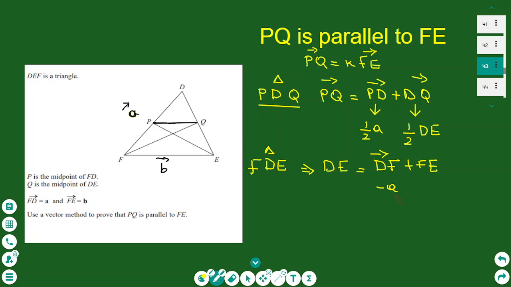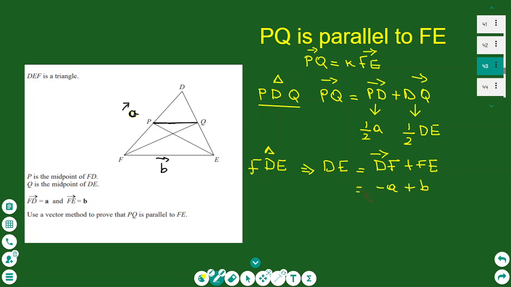These are the rules of vectors. If a vector goes in the opposite direction and has the same length, it's a negative vector, negative A. And also the FE is B, so I can write this as plus B. So I found then DE.